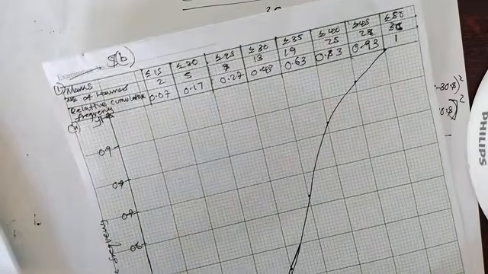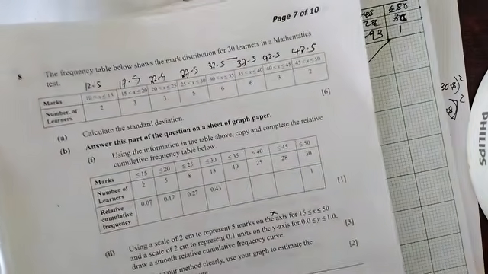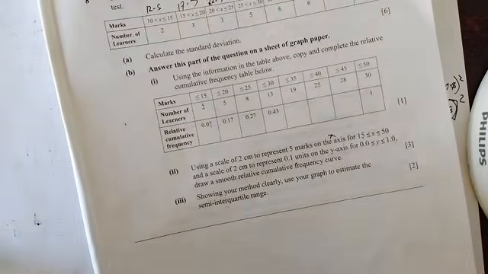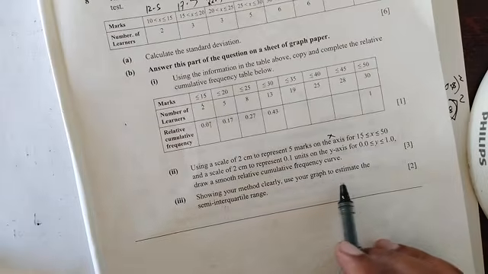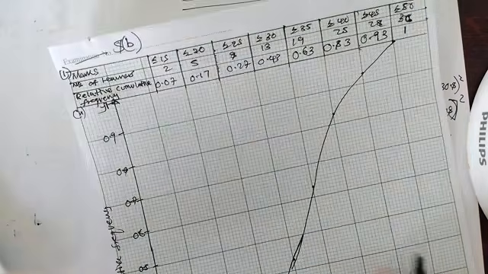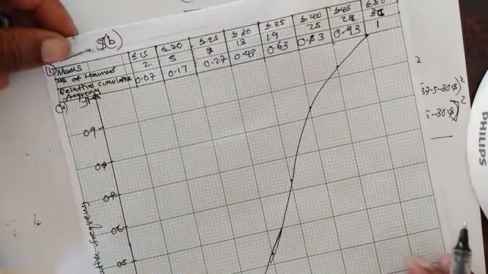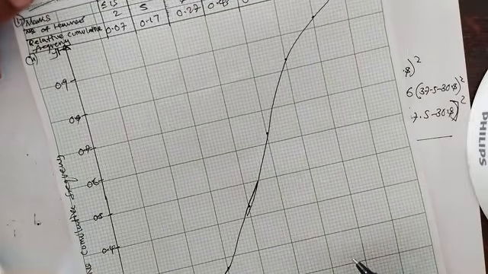Then we go to the last one. Alright, so we go to the last one. Showing your method clearly, use your graph to estimate the semi-interquartile range. Okay, we are going to say, to find the semi-interquartile range, we can even write it here.